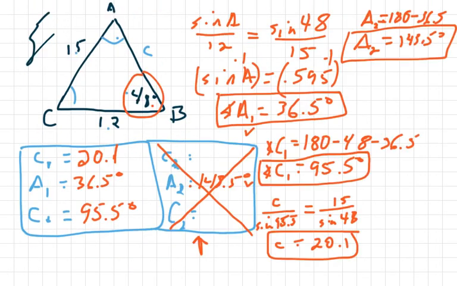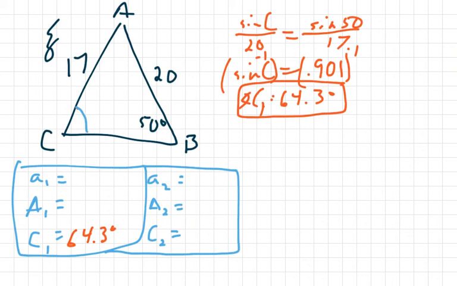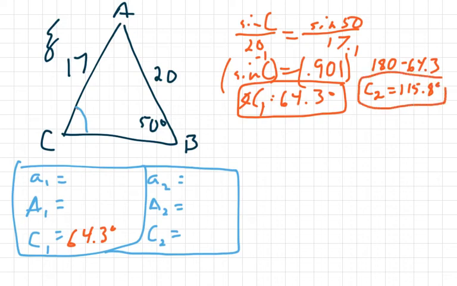So if I take the unit circle 180 to find that second sine angle, C2 was going to equal 115.8 degrees.